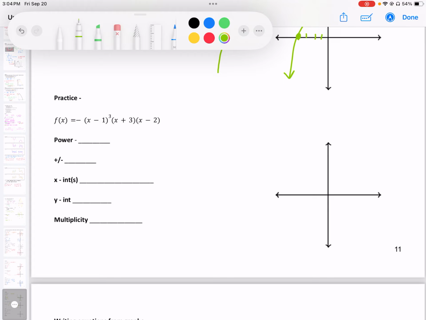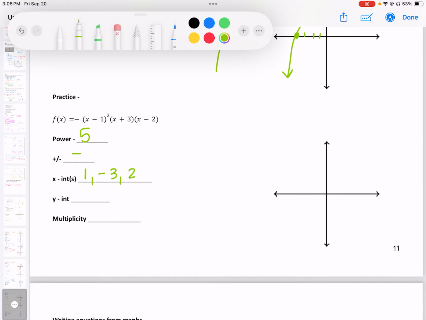Okay, let's practice this. This one is also a power of 4, but it is negative. It has intercepts of 1, -3, and 2. Oops, sorry, it's a power of 5. The y-intercept is -1 times -1 cubed times 3 times -2. So that's -6. So 1, 2, -3, -6 over here.